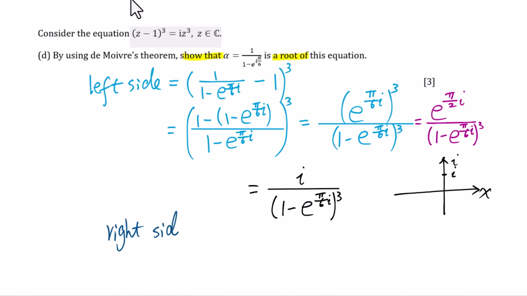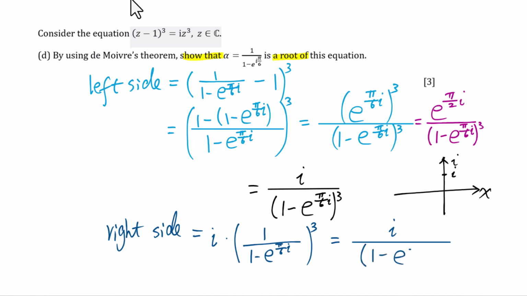Right side equals i times 1 over 1 minus e to the power of pi over 6i to the third power, which is numerator i over denominator 1 minus e to the power of pi over 6i to the third power.